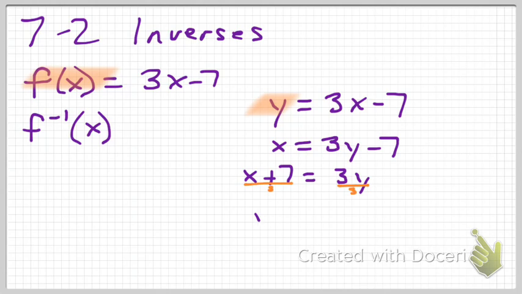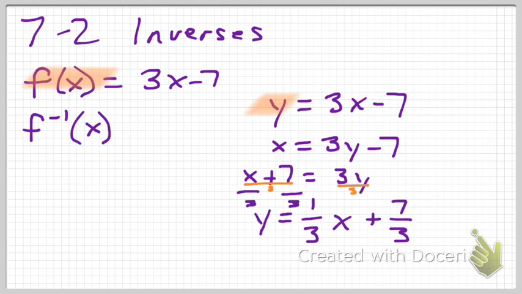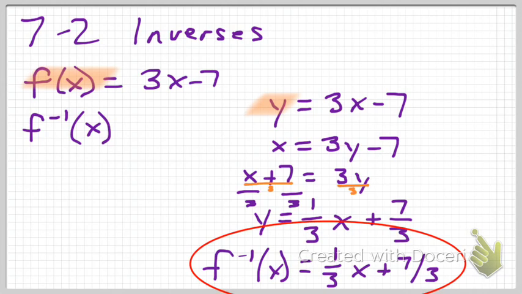So what you have is 1/3 x plus 7/3. Okay. So the inverse of f of x is 1/3 x plus 7/3. That's the opposite function to 3x minus 7.